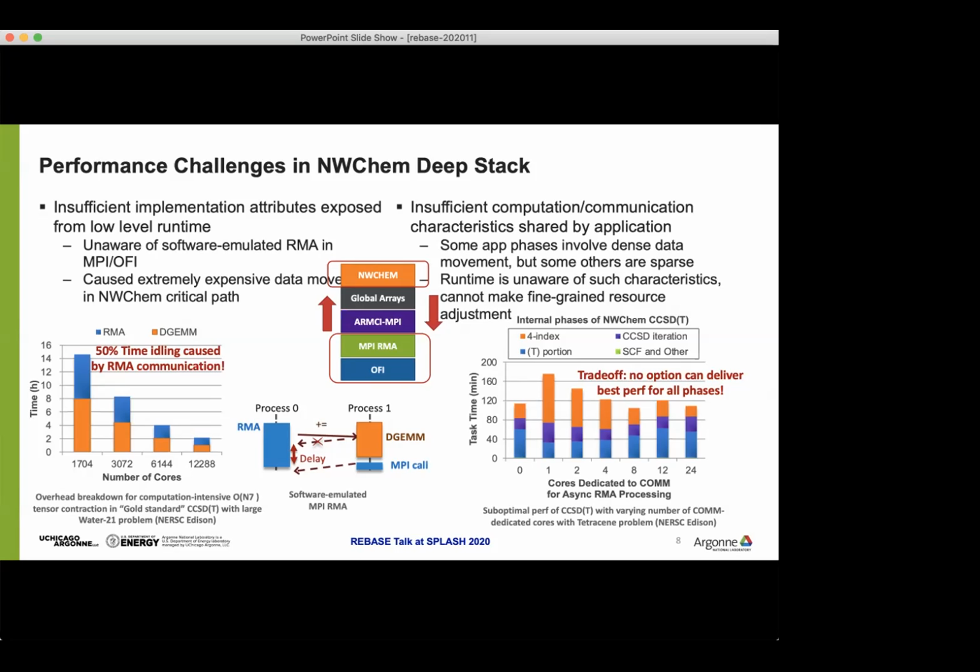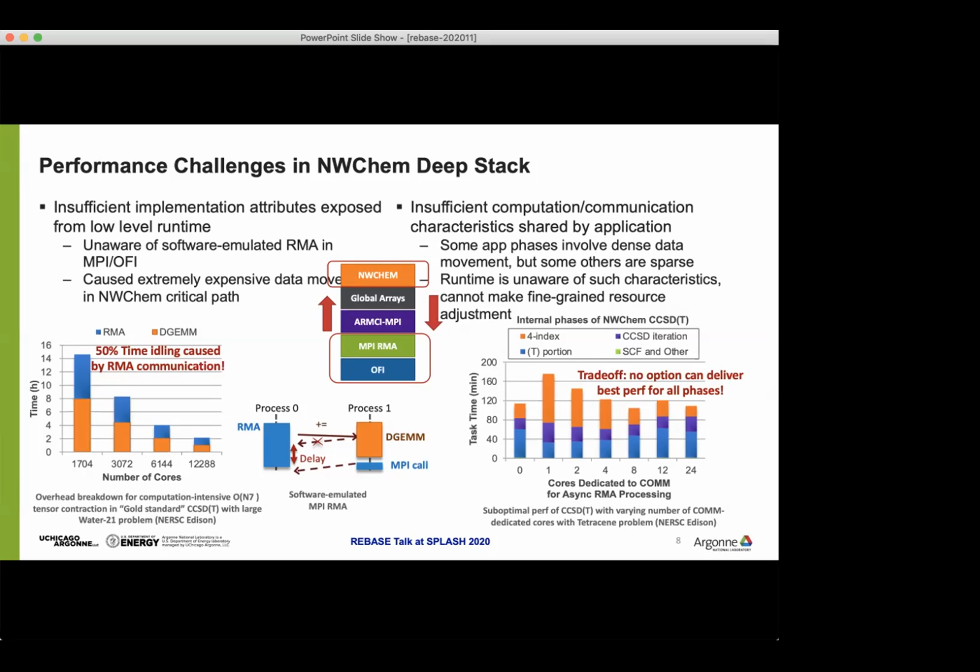So from the runtime's point of view, they cannot detect the best configuration for resource assignment for computation and communication. So the graph just shows we get very suboptimal performance. There's no way we can get the best performance for all internal phases by using a single static resource configuration.